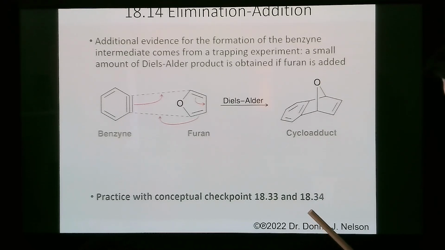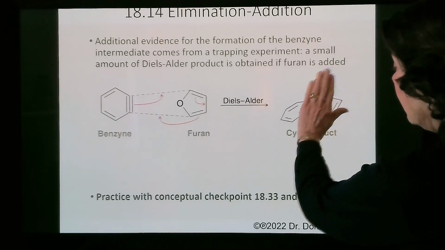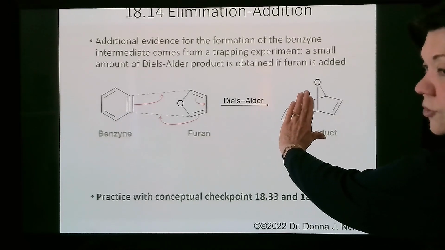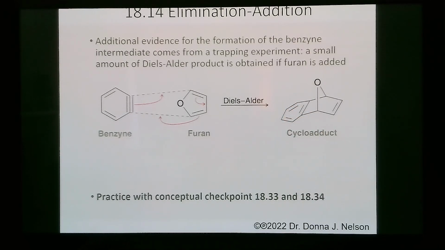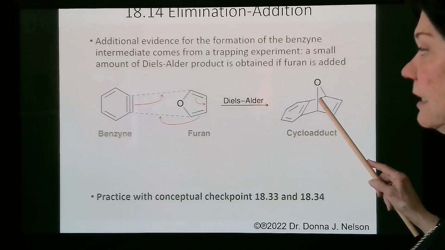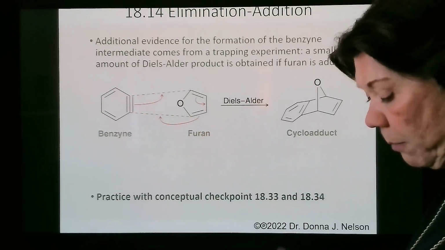If you look closely, you can see there's the 6-membered ring, and over here is the 5-membered ring. It's easy to recognize that this can only happen if you have the triple bond there.